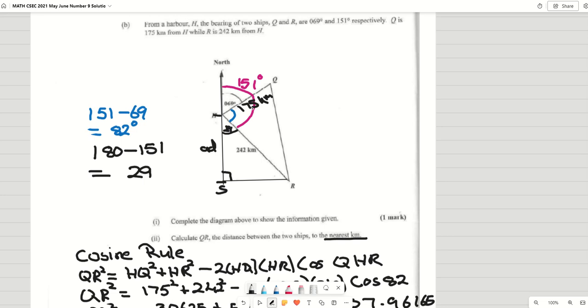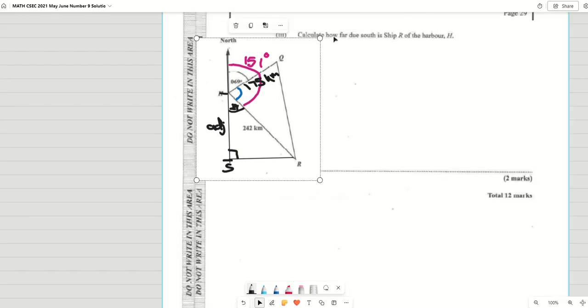This is your adjacent. Why is it your adjacent? It's the side next to the 90 degrees as well as the angle. They also gave us our hypotenuse. So they're asking how far due south ship R is of the harbor H, from H in the south direction. So we want to know the adjacent.